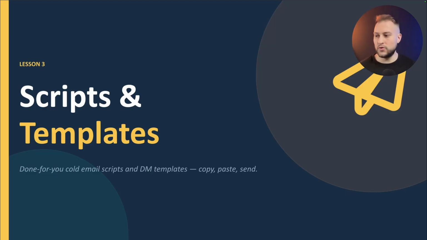Inside GoHighLevel, you already have scripts and templates for call DMs, emails and SMS. But now I will show you this as well, and other angles you can use to sign clients.